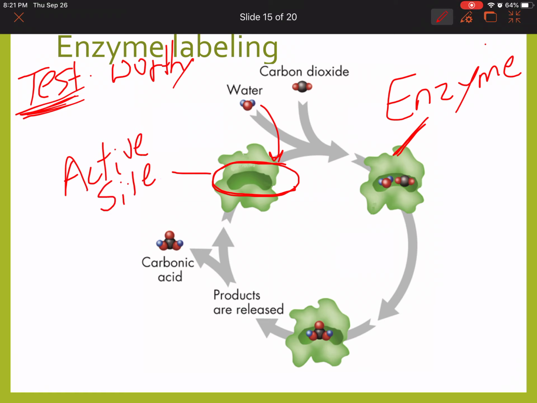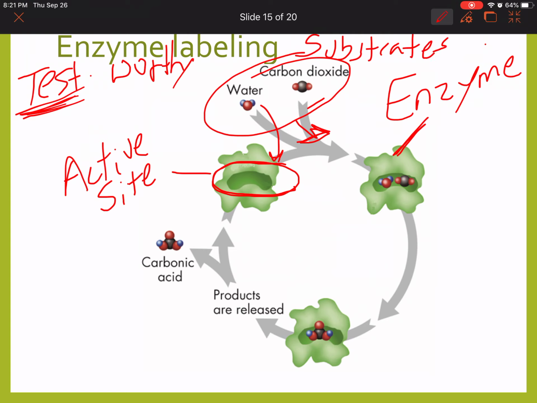That's the magic spot. Okay, and I kind of already labeled these a little bit. You see how they're going in? What goes in? Now this is an enzyme. Normally I'd say reactants, but since it's an enzyme, I'm going to say substrates.